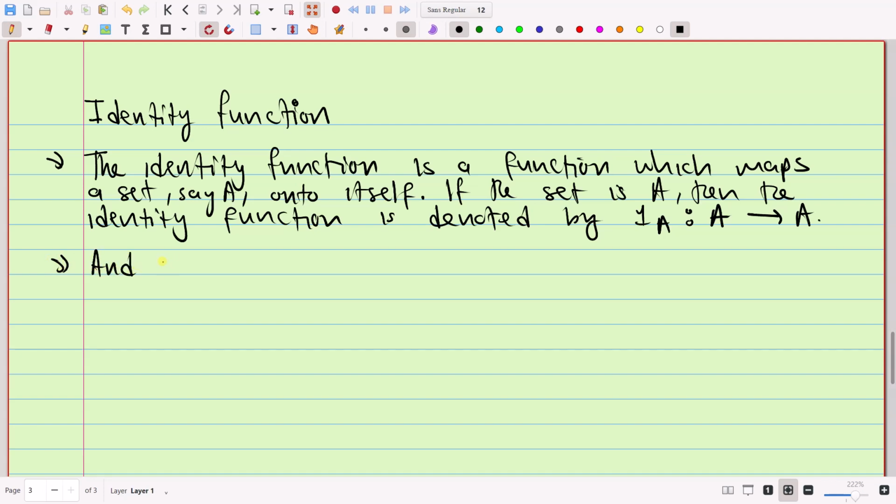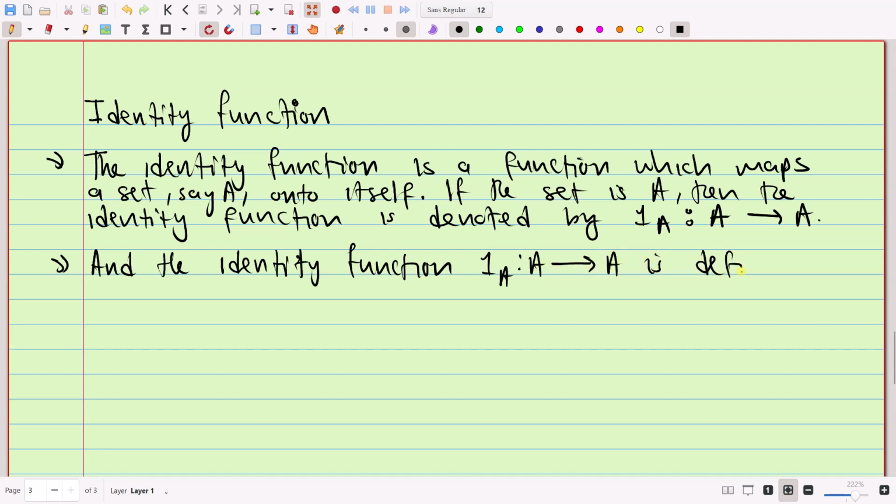And the identity function on A, from A to A, is defined as follows.